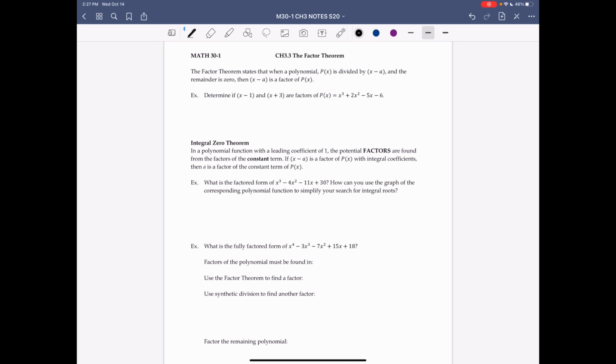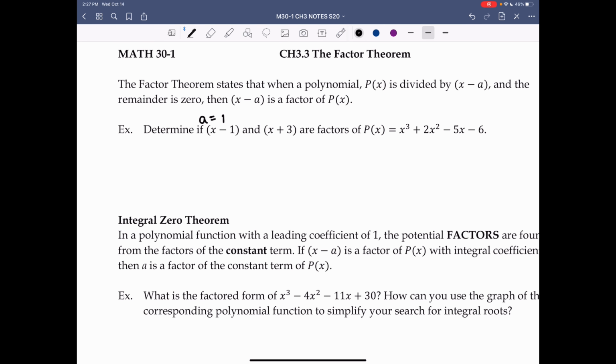So in the first case, we would have a equals 1. Let's sub in 1 into p of x, so p of 1 equals 1 to the power of 3 plus 2 times 1 squared minus 5 times 1 minus 6, which is 1 plus 2 minus 5 minus 6, which is 3 minus 11, which is negative 8.